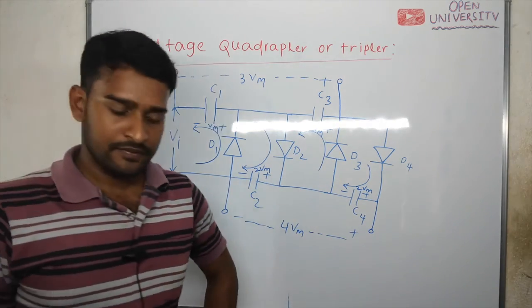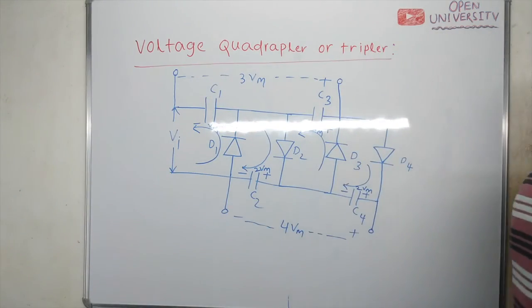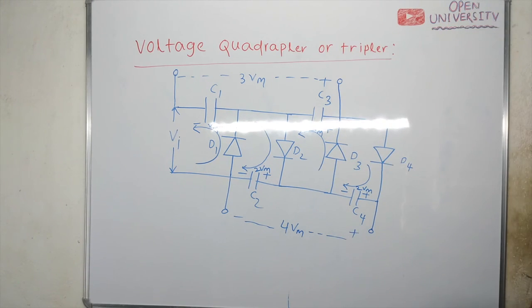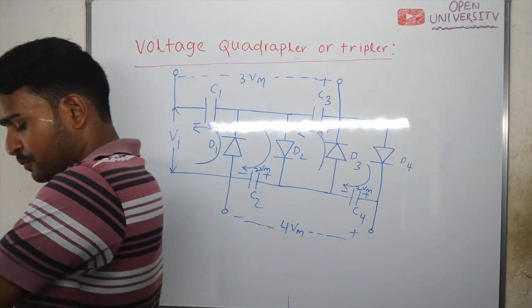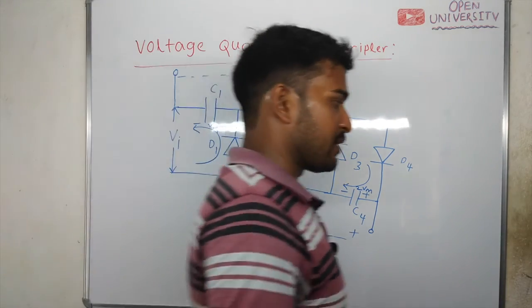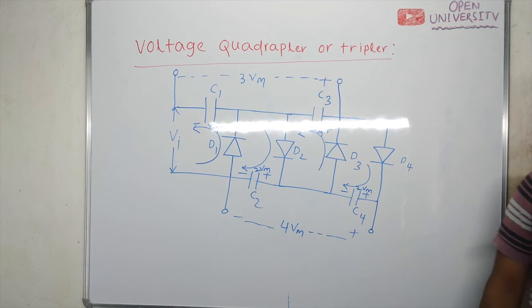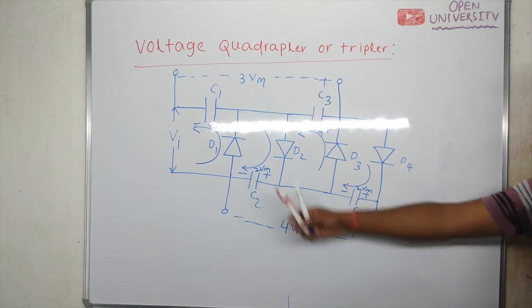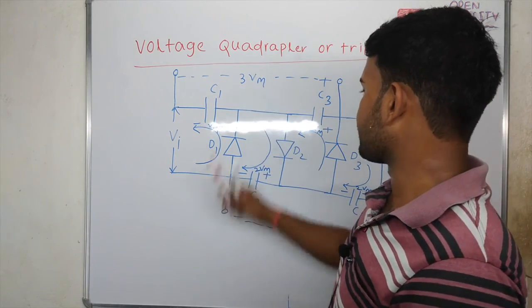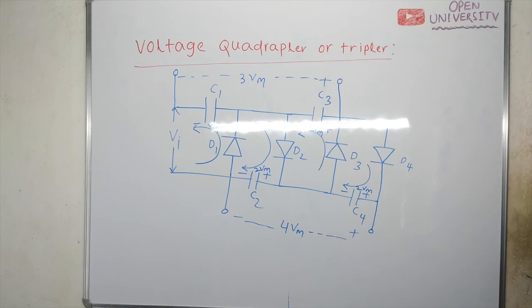Right, on the next point, if output is taken across C1 and C3, then a DC voltage of 3 Vm can be obtained. That is, if you take the output across C1 and C3, then how much voltage do you get? 3 Vm.